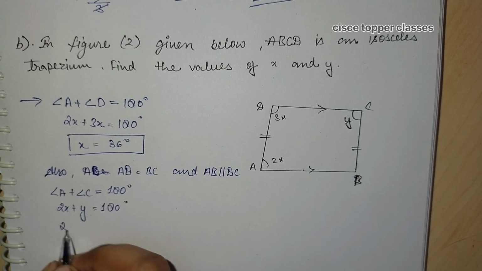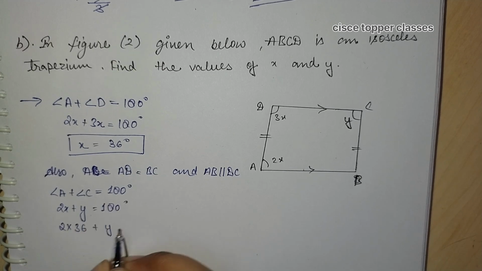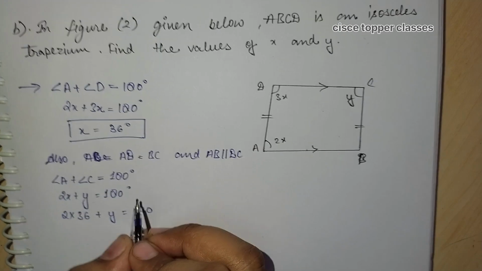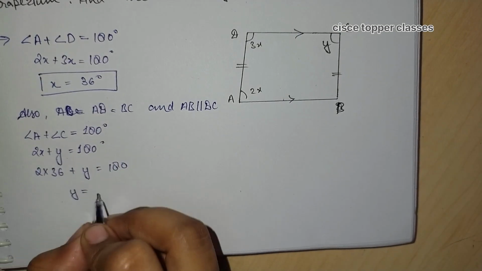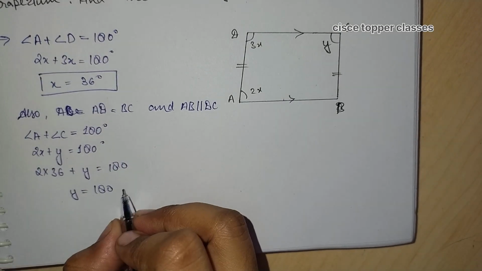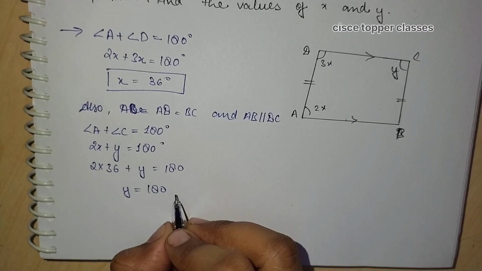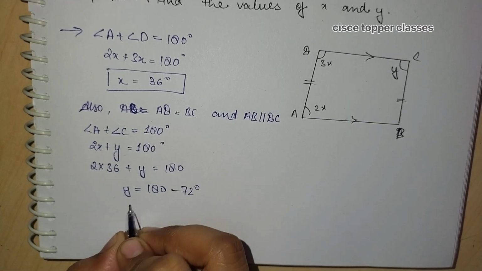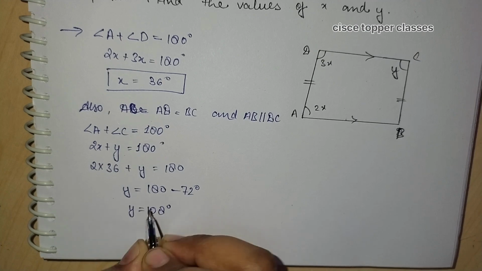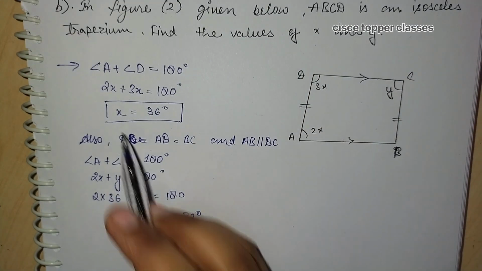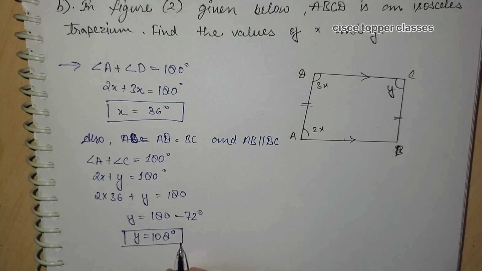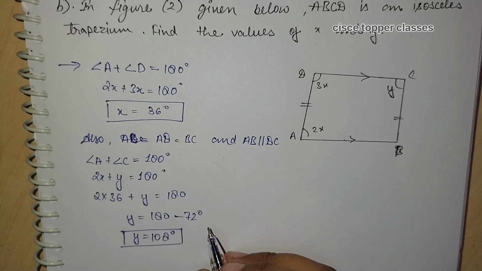We can write this as 2 into 36 plus y equal to 180 degrees. Now we can find the value of y as 180 degrees minus 2 into 36, which is minus 72 degrees, and y is equal to 108. So x is equal to 36 and y is equal to 108 is the final answer in this question.